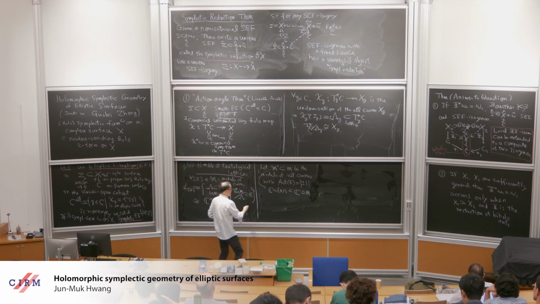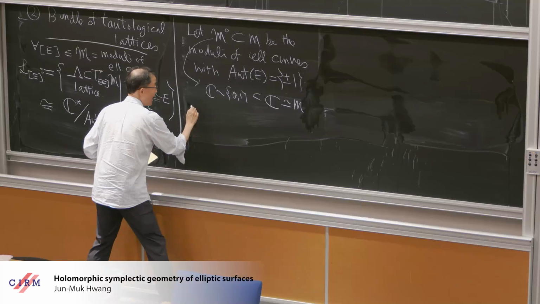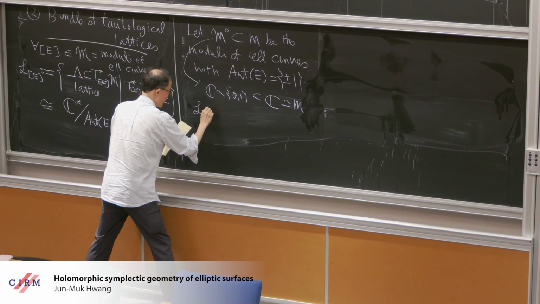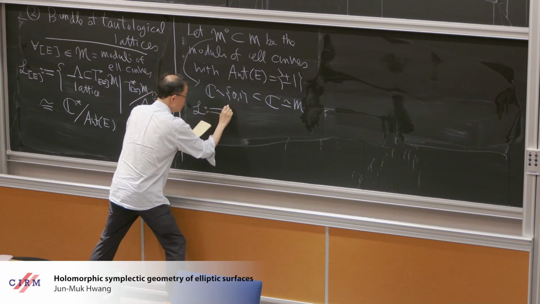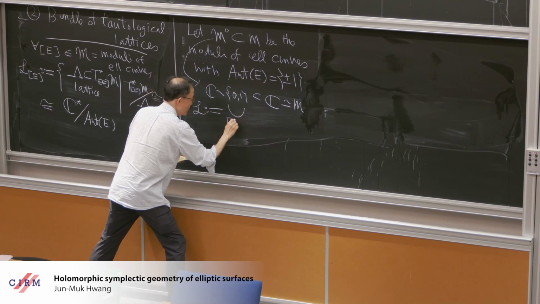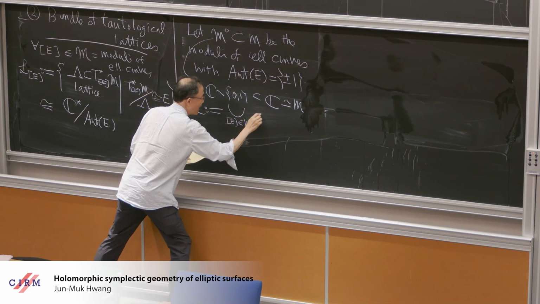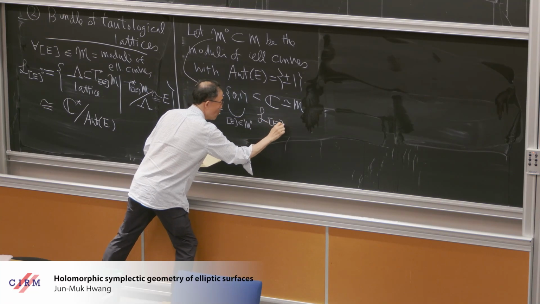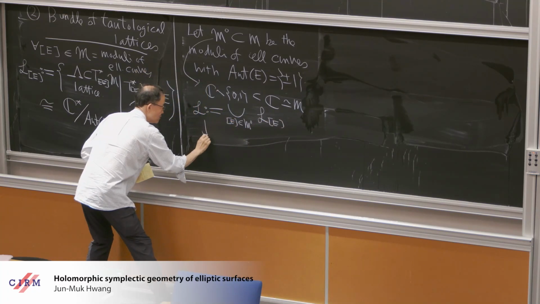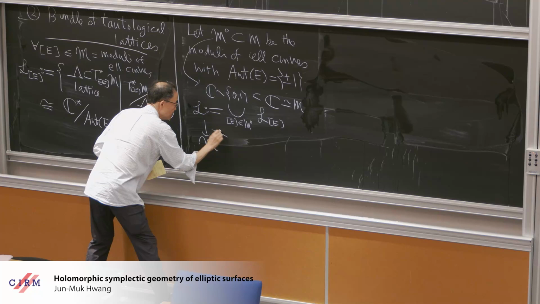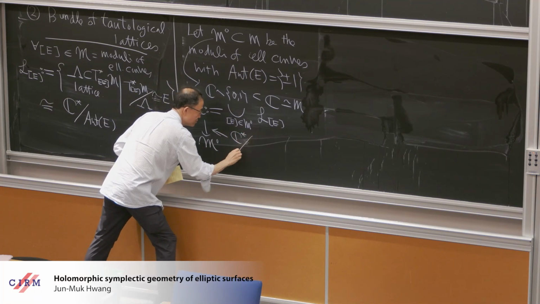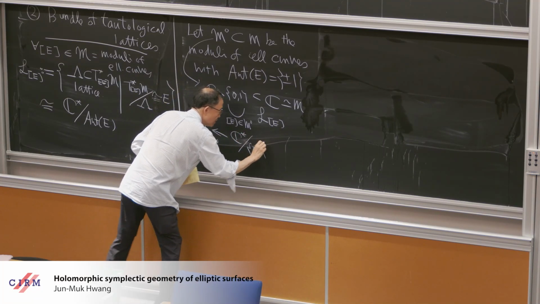And then now you have this bundle L, which is defined as the union of this L_E over this open set. And this is now a C star mod plus minus 1 principal bundle.